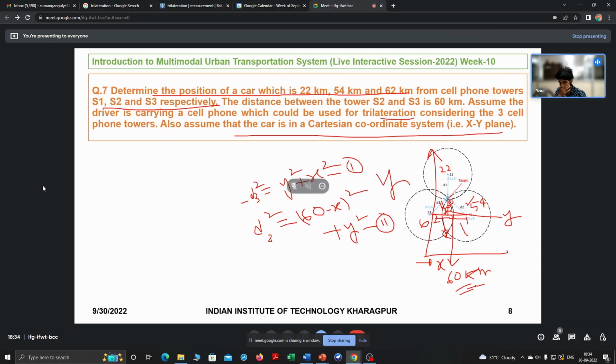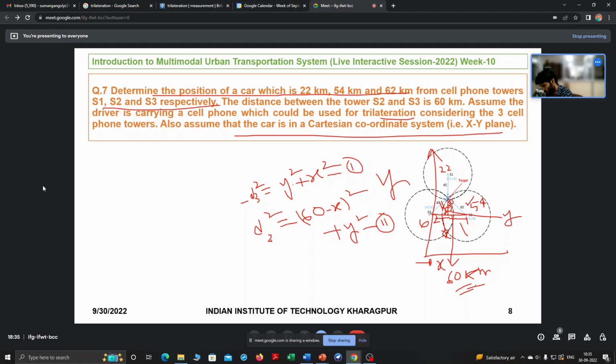Okay, you calculate, I will also calculate along with you, so that we can come with the same answer. So now what is my d3? d3 is 60 kilometers. Square equal to x square plus y square, and here 54 square is equal to (60 minus x) square plus y square.